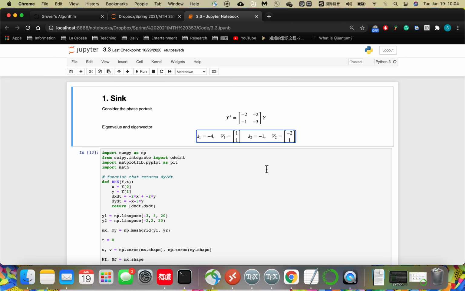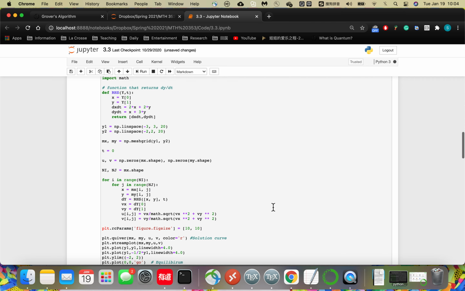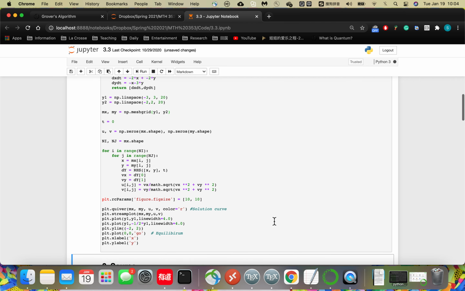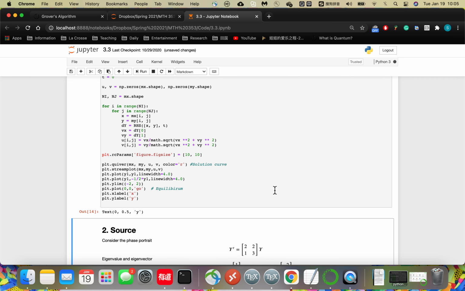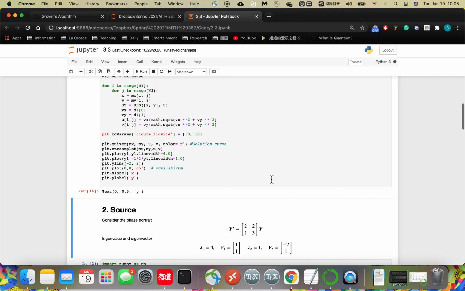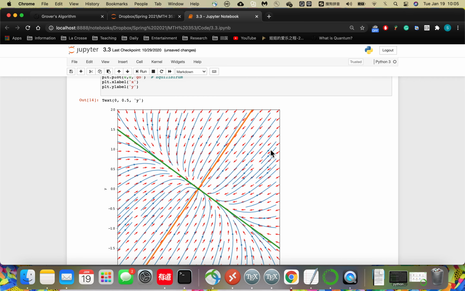Therefore, together, you are going to have a sink in all possible linear combination directions. And if we verify it, that's what we have. Okay, every blue line here, you can see on this blue line here, in both directions, it's going towards 0, 0.